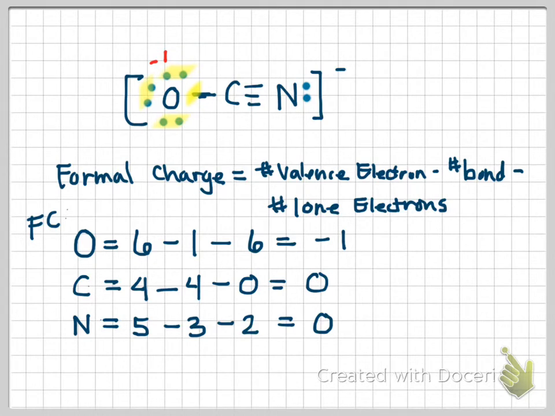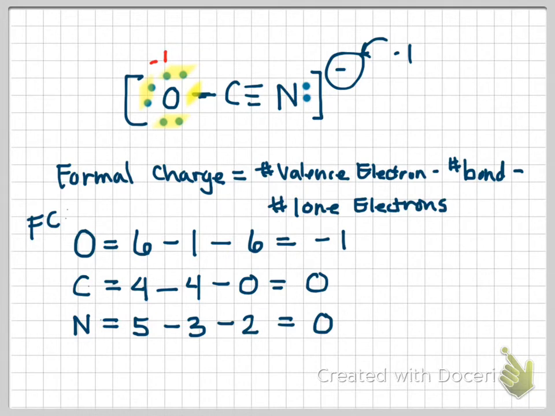The sum of the formal charges has to equal the charge on the atom or the molecule or the ion. So because this is a polyatomic ion, and it has a charge of -1, the sum of the formal charges has to equal -1.